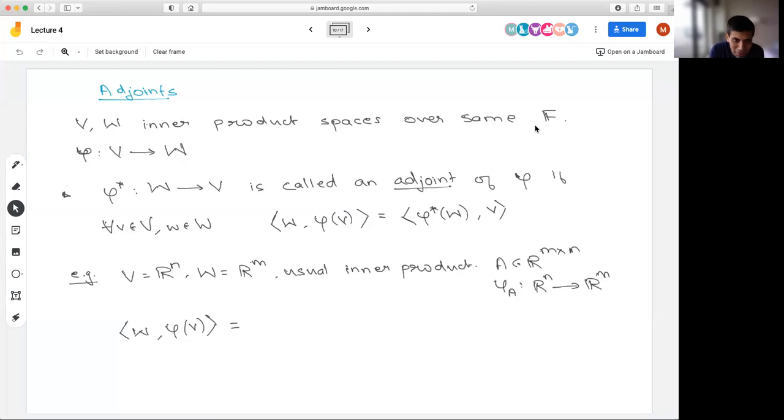We'll see that in some cases these are very simple. So let's start with vector spaces over reals, with the standard inner product, coordinate wise. Let's say A is a matrix. As we saw earlier, a matrix can be thought of as a linear transformation. If we think of vectors as column vectors, then it's mapping Rn, where n is the number of columns, to Rm, where m is the number of rows.